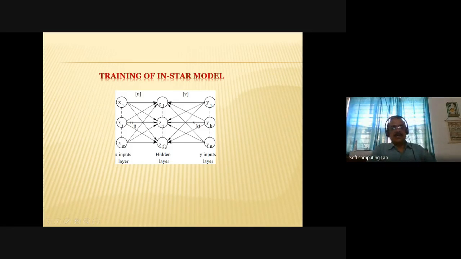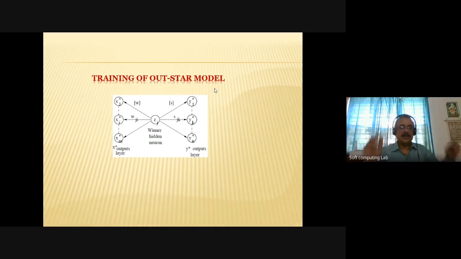Here, what we do is find the Euclidean distance between each of these hidden neurons and the connecting weights. We try to identify the winner of this hidden layer, and that particular winner will be selected just like the competition rule of the self-organizing map. So you'll get this winner hidden neuron, and once you have got it, your in-star model is completed.